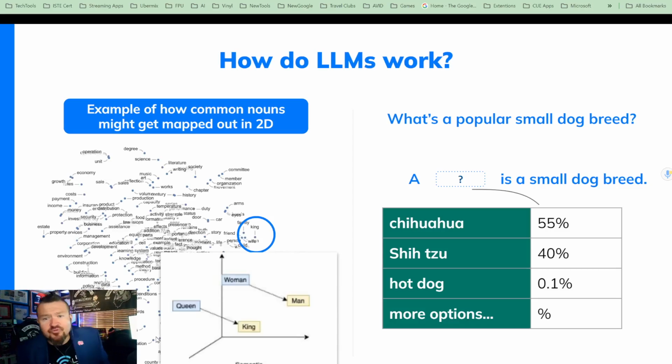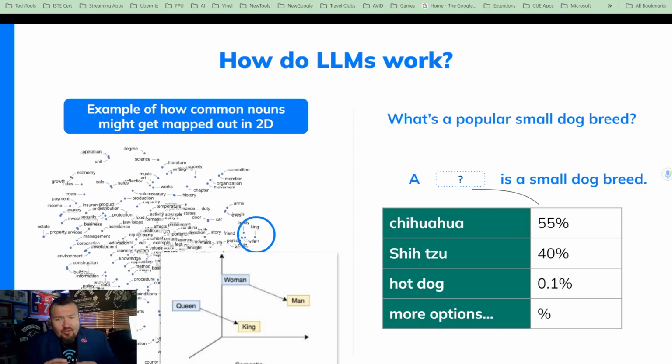So how do these models work, right? Again, these models are fed massive amounts of data. And this data is then organized into what the AI sees as patterns. So if this question is asked, then this is an area that it would be looking at, or if this question is asked, this is another area that it would be looking for.